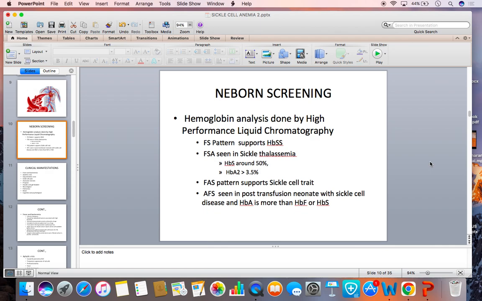This is post-transfusion in the neonate with sickle cell disease. So this is how the newborn screening has to be done in order to understand the status of the sickle cell pattern in the newborn.